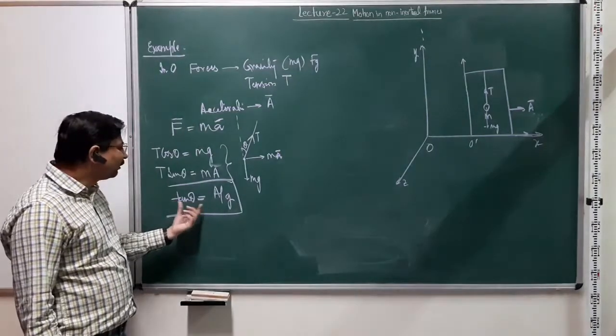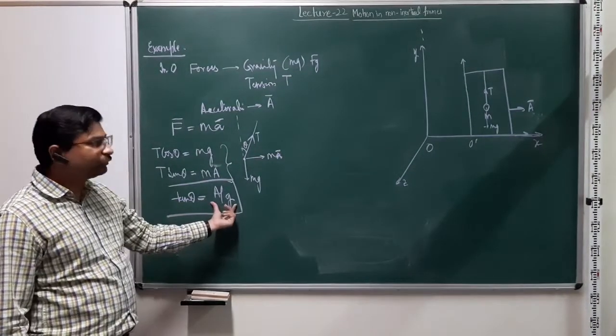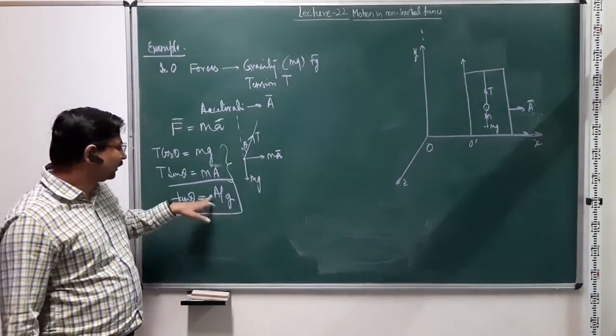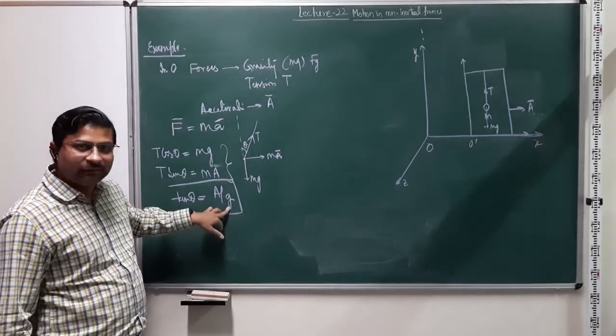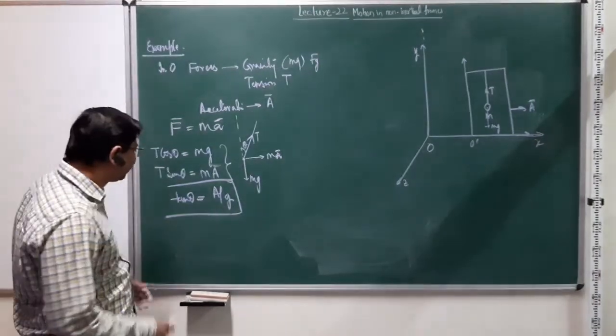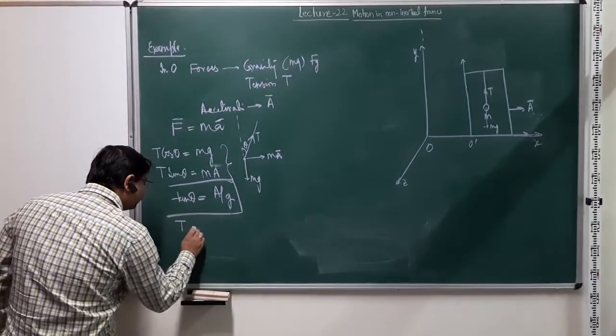And the magnitude of that angle will be simply the ratio of the two accelerations, the kinematic one and the physical one due to gravity. Okay. What about the tension?